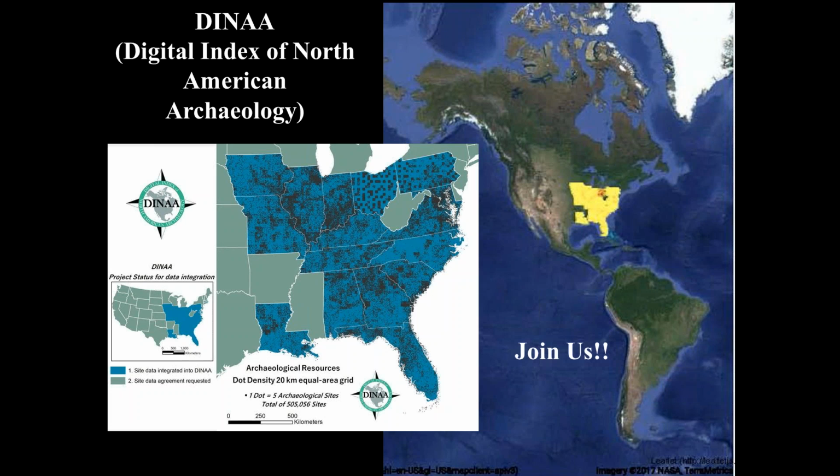Let's see, we have another one coming in, basically curious about the plan for long-term maintenance and growth of the database. Eric and Sarah, you're about 20, 30 years younger than I am, so. Yeah, this is always a challenge because DINA and Open Context in general are basically giving away other people's data for free.